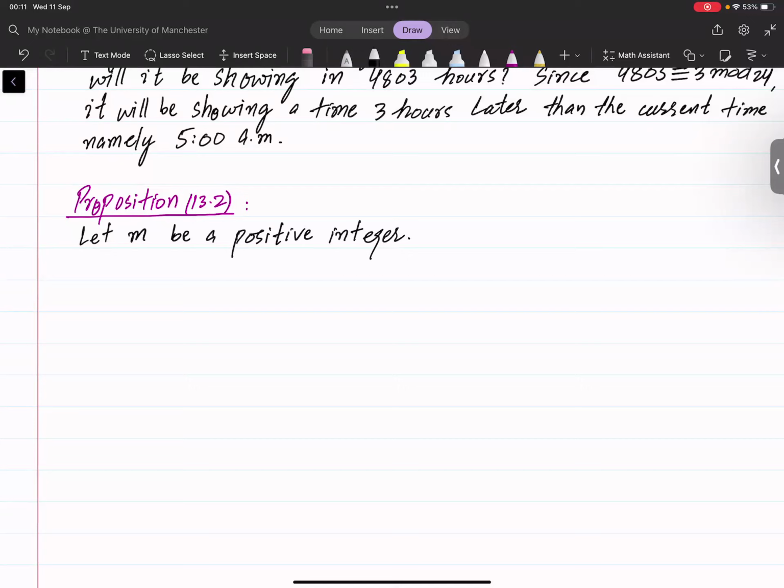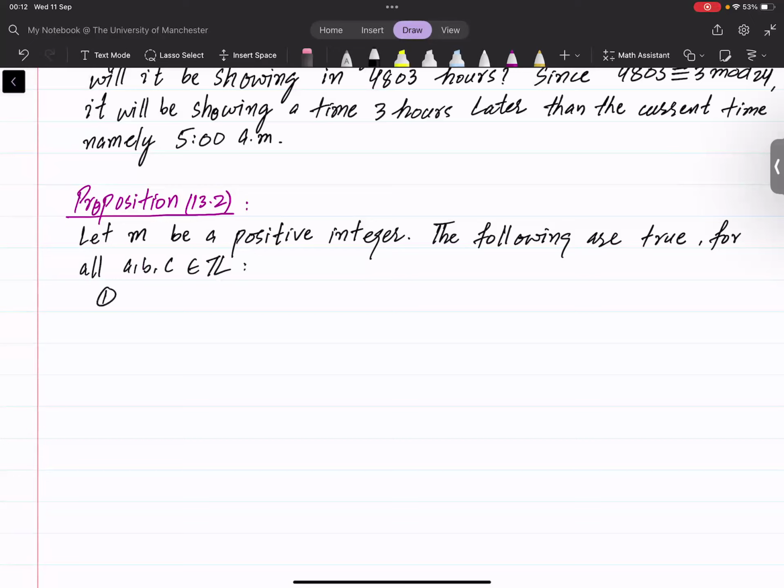The following are true for all a, b, and c.